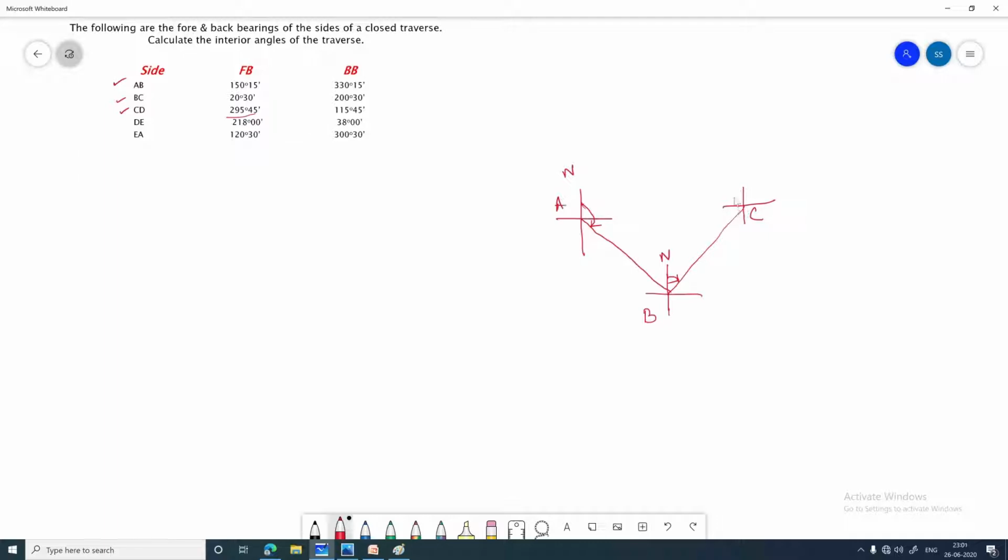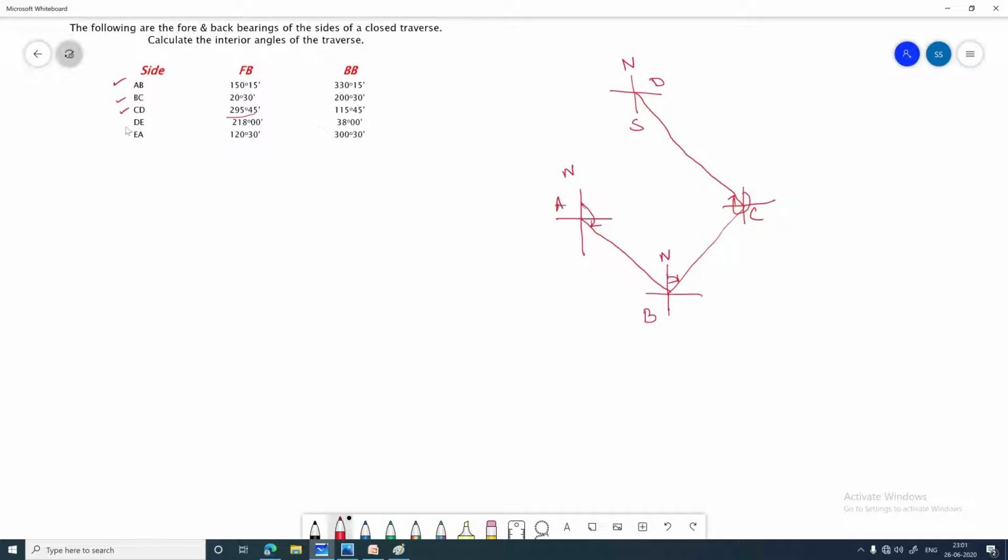That means it is in between 270 degree and 360 degree, right? So let's make a long line. So this angle is 295 degree 45 minutes. This is the fore bearing of C and this is D, right?